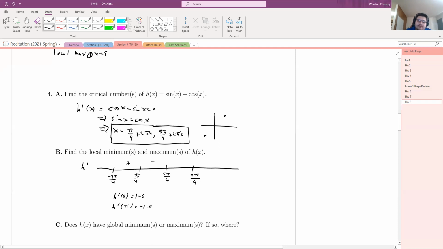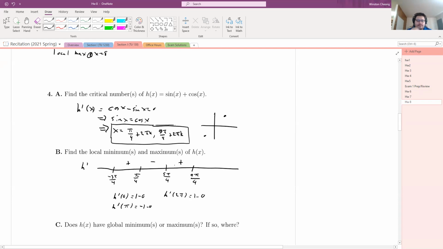And then between 5 pi over 4 and 9 pi over 4, again I pick another nice number along this arc. 2 pi is a nice number, which is actually the same thing as 0. If I plug h prime of 2 pi in, I'm going to get 1 minus 0 as before, so I'm going to get plus.